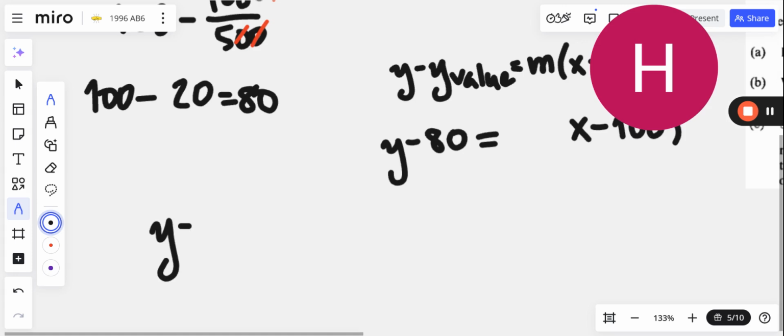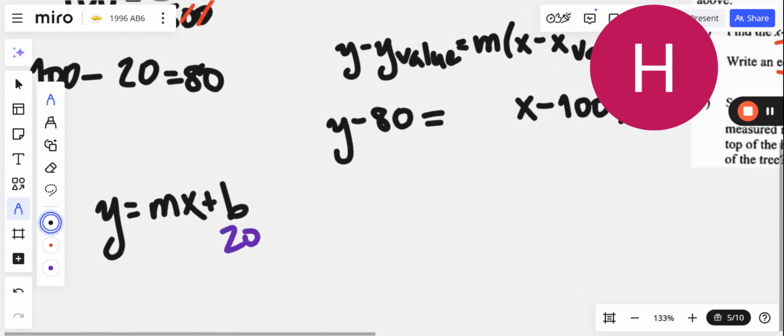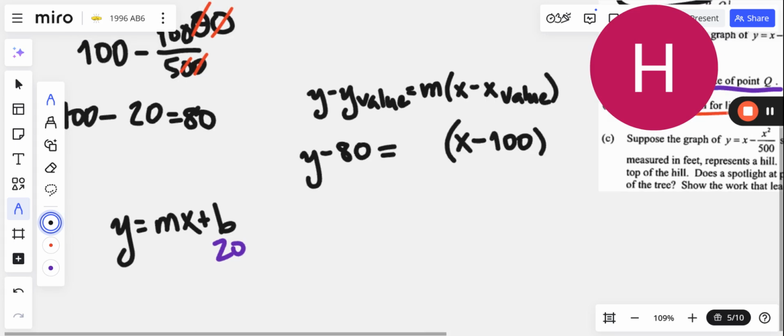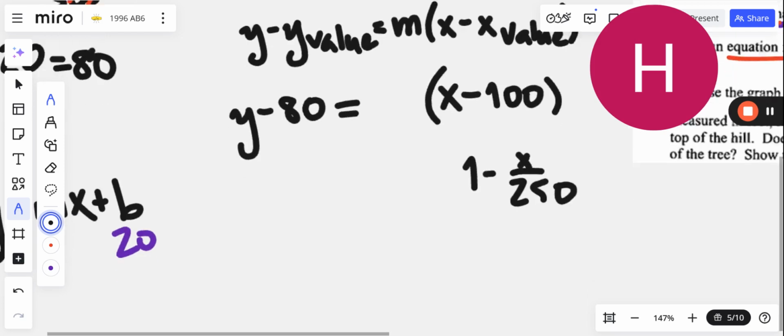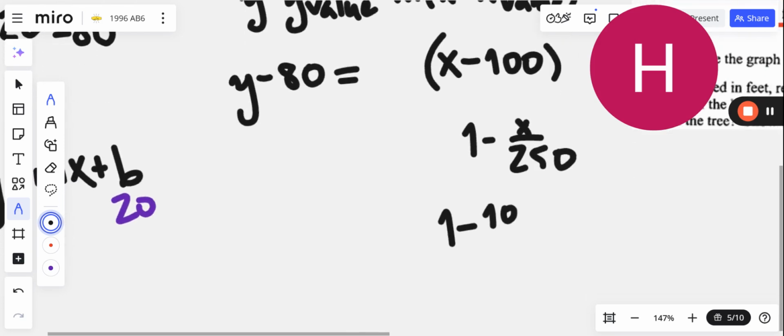I could have put it in y equals mx plus b format, because we already know the y-intercept b is going to be 20. And then I can just use the slope. But either way, I'm basically here. So let's use that definition of slope from dy/dx, which was much easier. If we just do 1 minus x over 250, while x is 100, that means 1 minus 100 over 250.